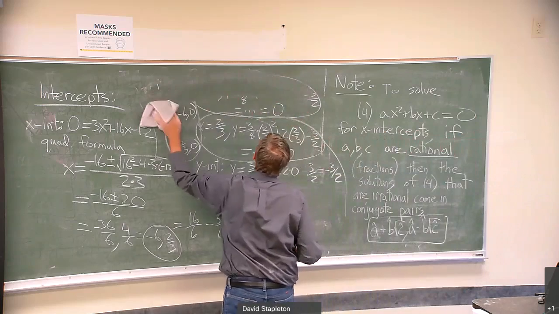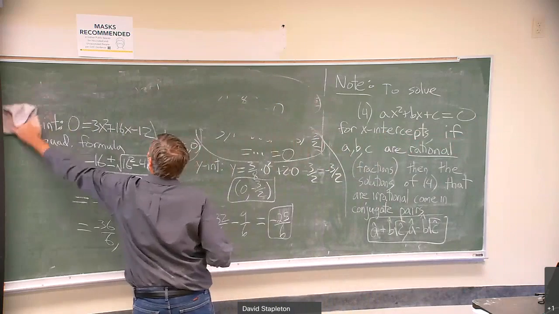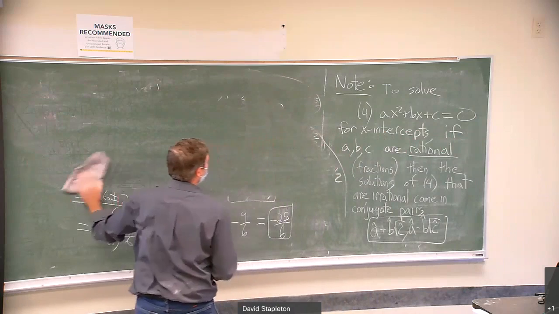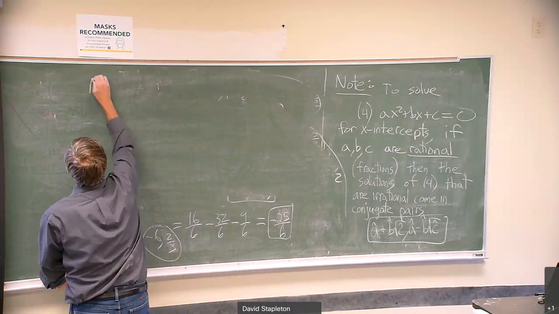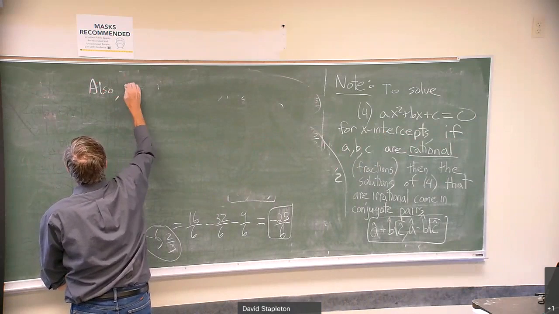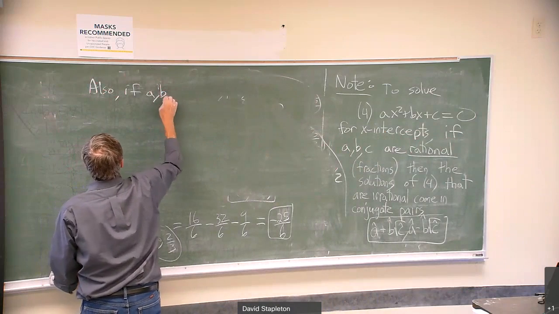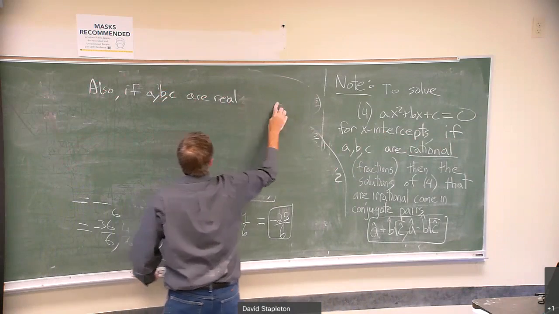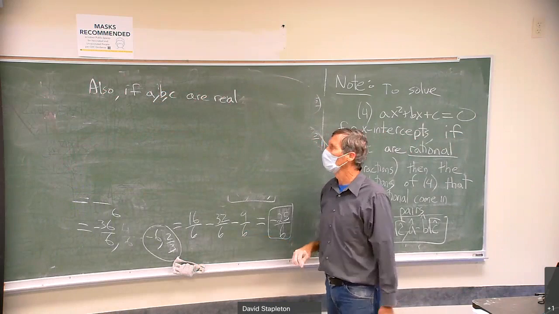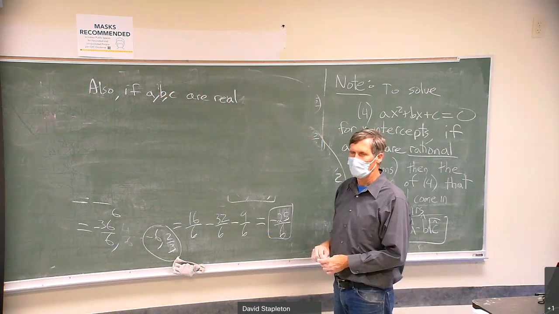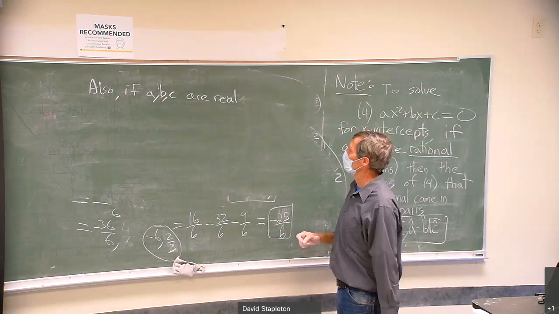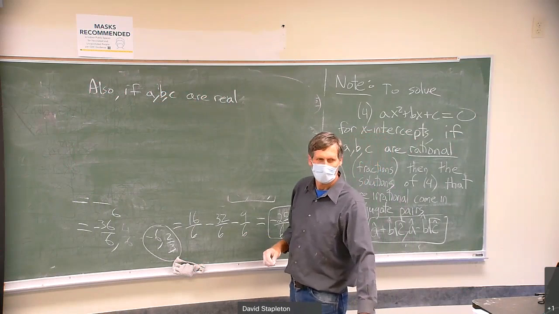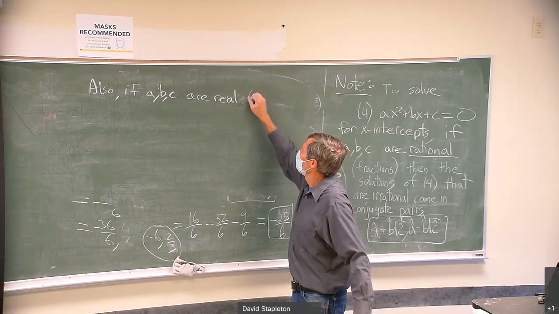Then also, if a, b, and c are real numbers, what are real numbers? Those are numbers that can be written as decimals. Isn't that all numbers? It's all real numbers.